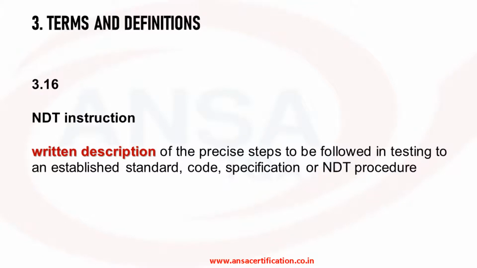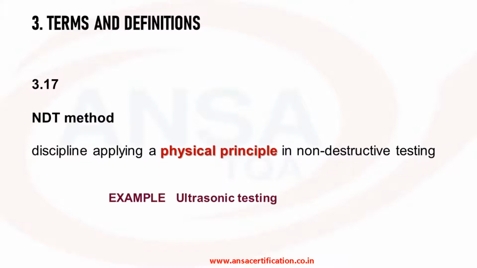NDT instruction. Instruction is the precise steps to be followed in testing of a component to an established standard, code, specification, or NDT procedure, written by Level 2 for a Level 1. NDT method. Method is a discipline applying a physical principle in non-destructive testing.